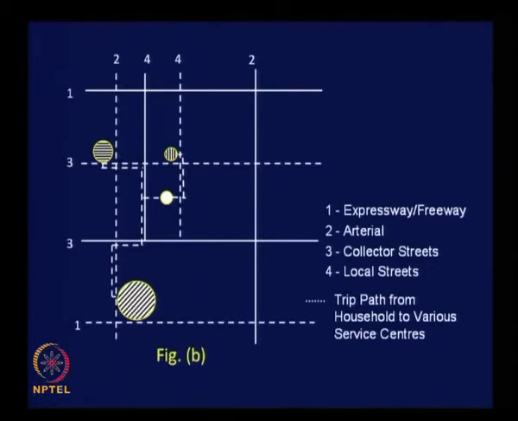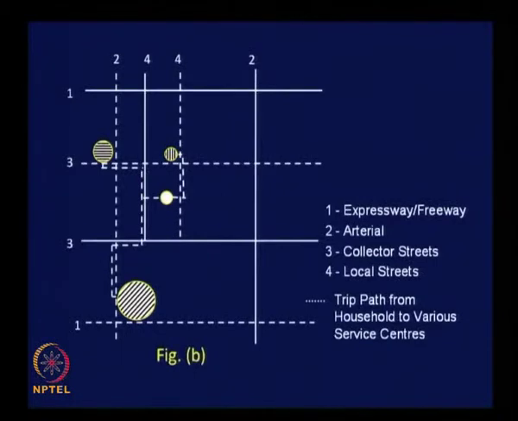The principle here is shorter the distance, slower is the movement. Relatively longer is the distance, there is a possibility of moving faster to reach the center which is away from the household. That is the advantage claimed by the planners while recommending this kind of system. Is that clear?